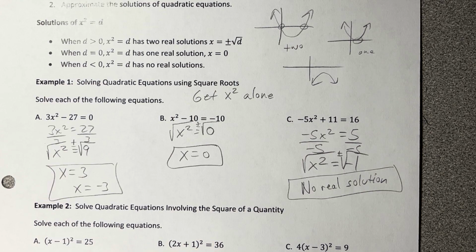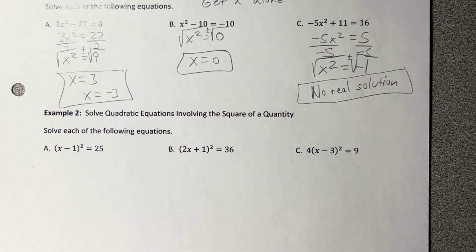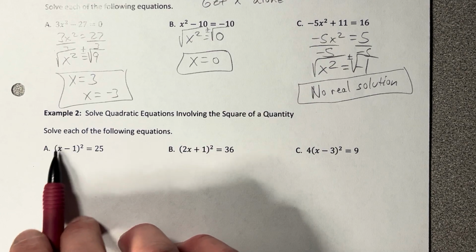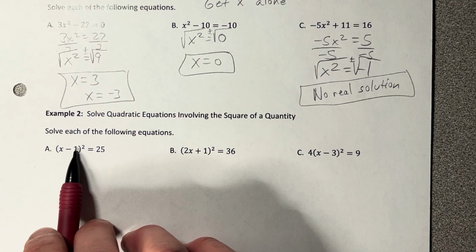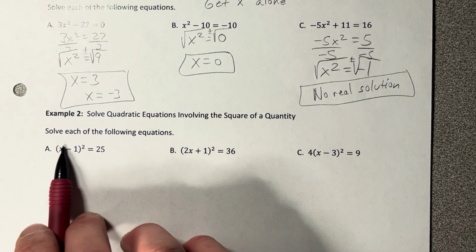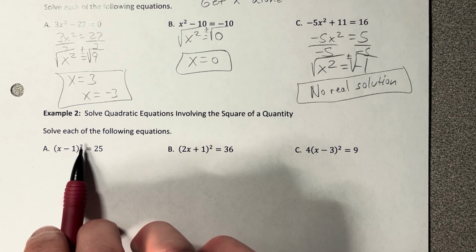Sometimes you're going to have to undo the squaring first and then do some more operations. So check this out. To get x by itself, I have to get rid of this minus 1, but I can't do that until I get rid of the squaring. So I'm not going to simplify this.